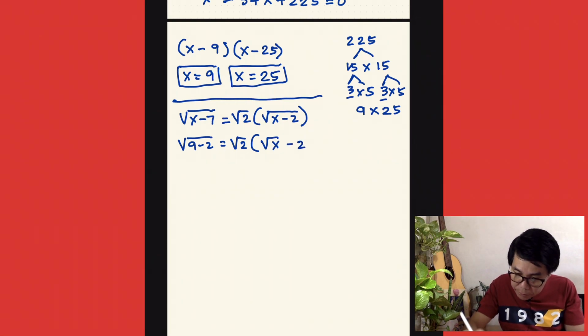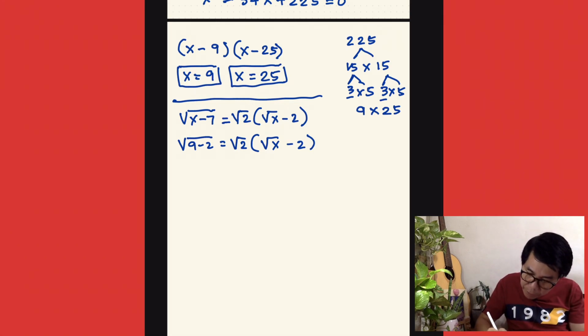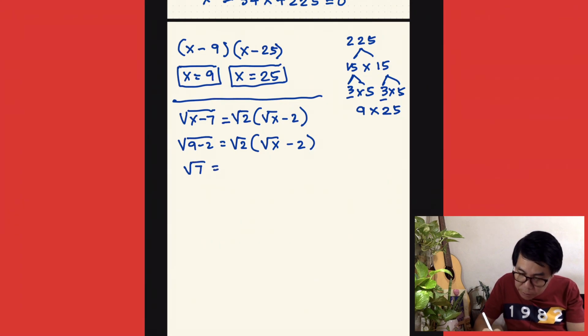So let's substitute. This one is square root of 9 minus 7 equals square root of 2 times square root of 9 minus 2.